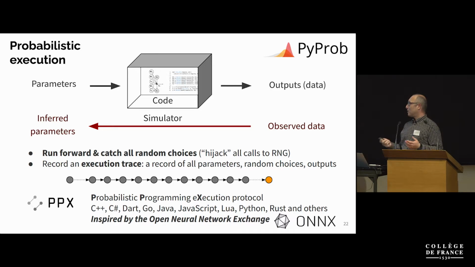So this is somehow an analog of the Open Neural Network Exchange protocol that people use in the deep learning community to exchange models between, for example, PyTorch and TensorFlow, serializing and deserializing models. This is maybe a probabilistic programming analog of that for the community, if people need this sort of thing.